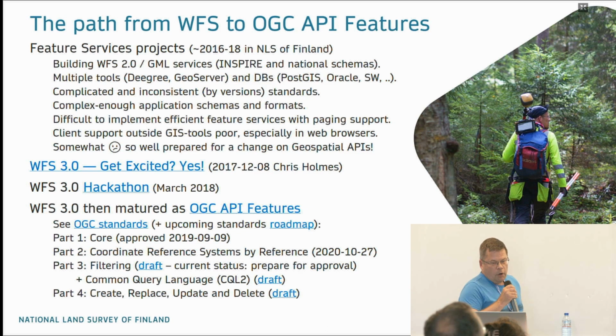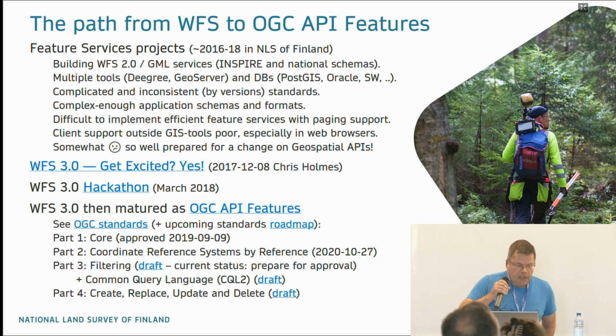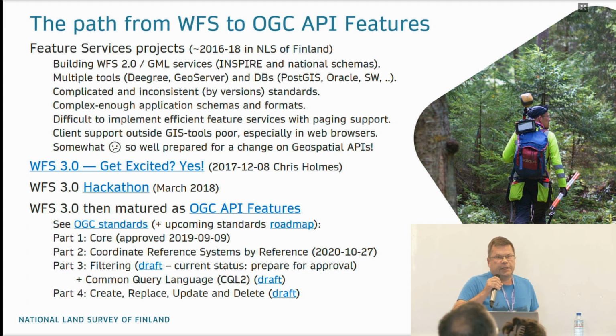And how we got there, about five years ago, we were building WFS APIs with GML data types. There were some difficulties to build these services, application schemas were quite complex.